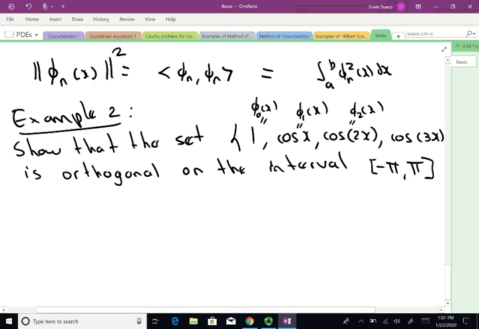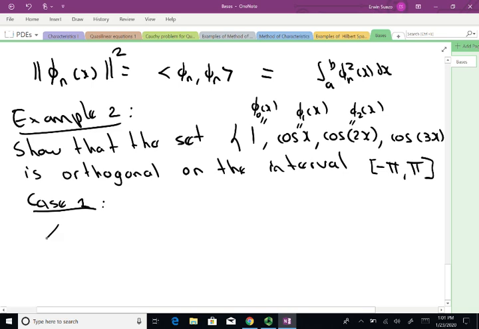I need to show that any pair of these gives me an integral equal to 0. So I need to do case 1, the easy case, when phi 0 is part of it.